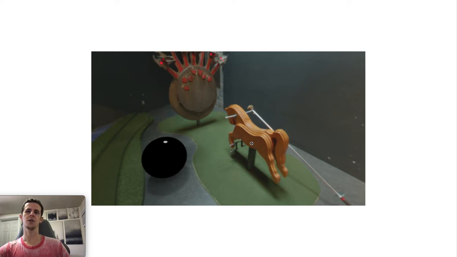Where is the reflection of the horse, of this wood thing here, on the floor, of everything else? What I would really like to have is something like this, where you can see the green stuff on the floor, you can see the ceiling, you can see the light. This is really hard to get.